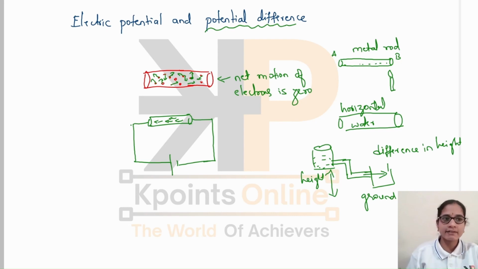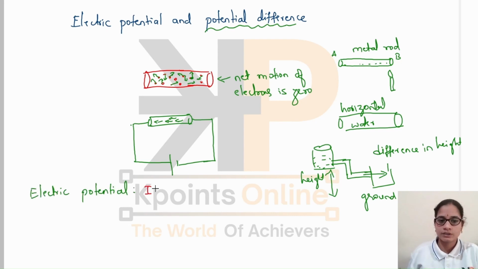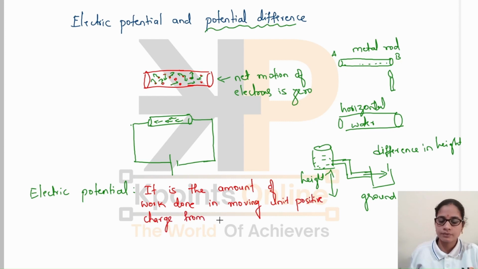Now we define electric potential as the amount of work done in moving unit positive charge from infinity to any particular point.